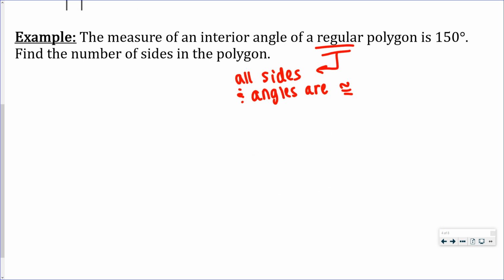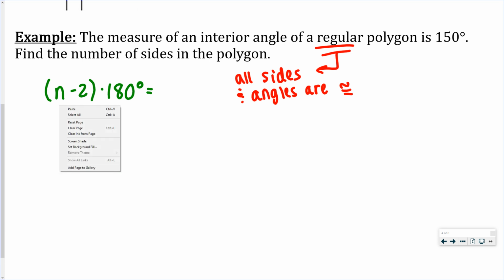So if I use my formula, my number of sides minus 2 times 180, that has to equal my sum. Here's what's tricky. I don't know my sum, but I know each of them is 150. And I'm going to have the same number of angles as number of sides, right?